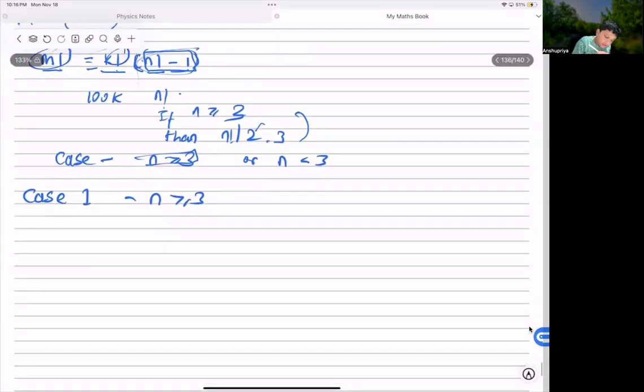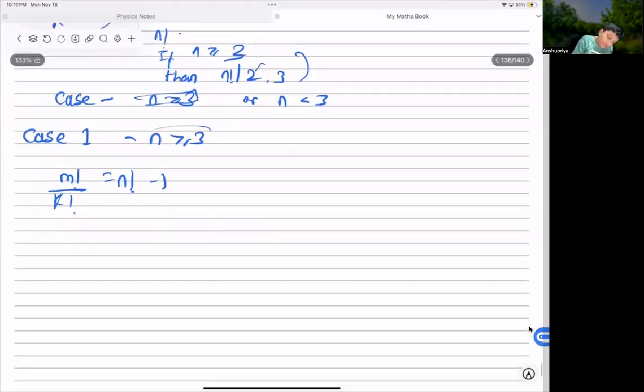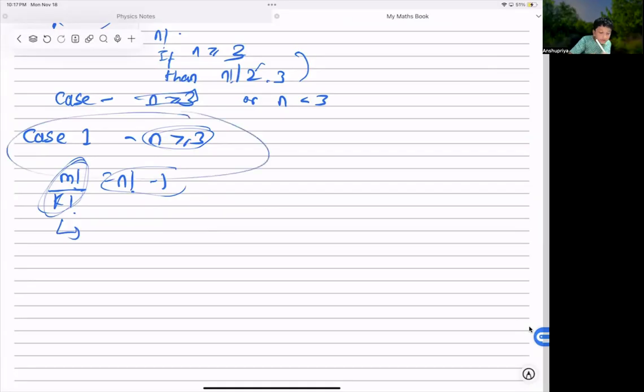I will say that m factorial upon k factorial is equal to n factorial minus 1. Inside this case there will be another case.